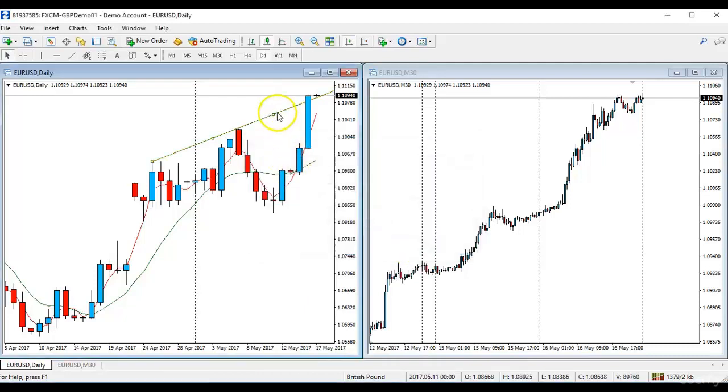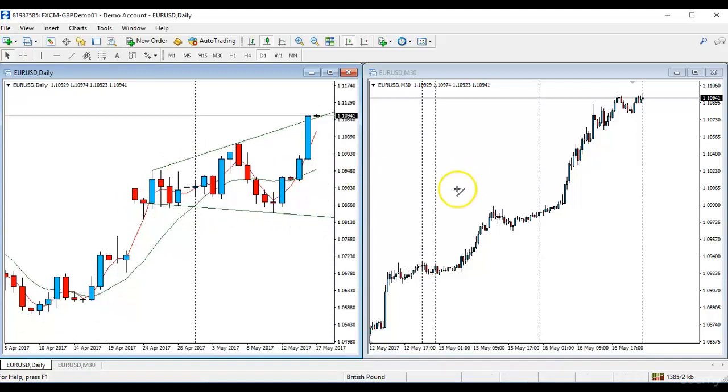okay, we're now on the euro US dollar. We now have a widening pattern, and the reason why patterns work, to be honest, I don't know why they work, and I don't think anybody could tell you really why they work. The only thing I would tell you is that there's an expectation.